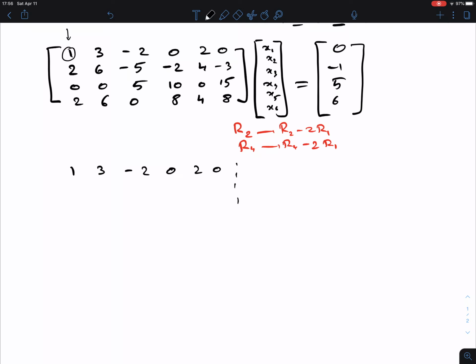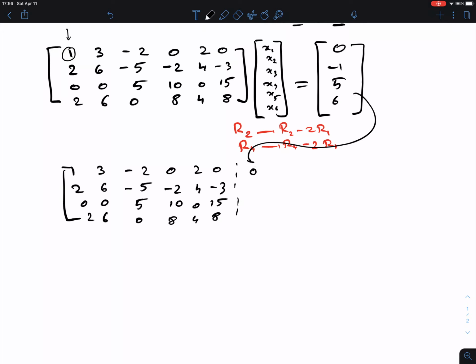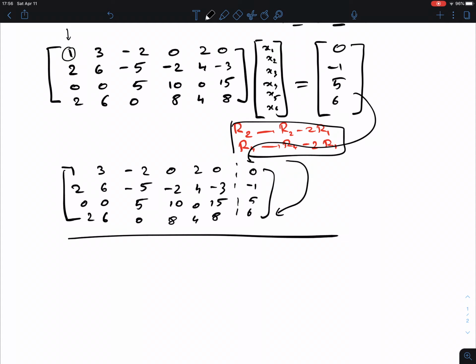We also have this column here in the back, so in the back now we write this column. That's the augmented matrix that we get by adding this column. And now these are the row operations that we apply here, so the result of the row operations comes here.